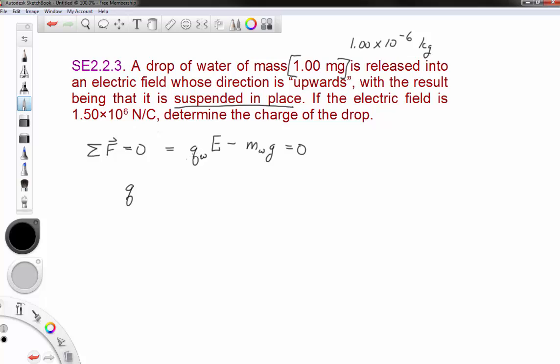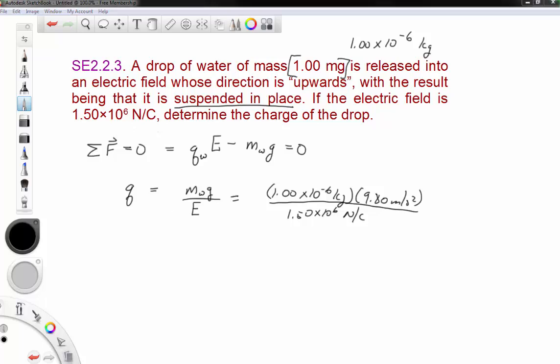So the water charge must be the mass of the water times the gravitational acceleration divided by the electric field strength. That's 1 times 10 to the minus 6 kilograms times 9.80 meters per second squared divided by 1.50 times 10 to the 6 newtons per coulomb.